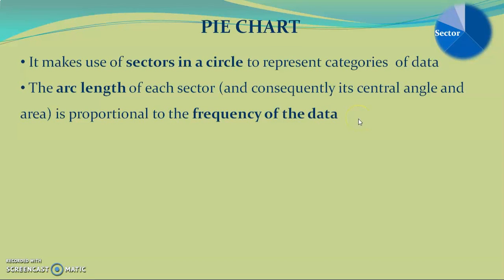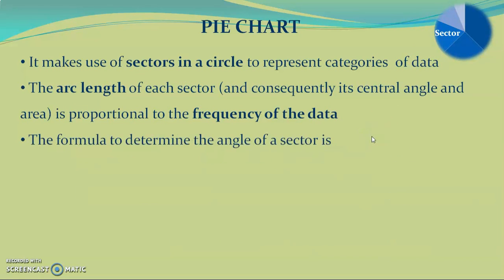So from the bar chart, we obtain the value from the height of the bars. Here we obtain the frequency or the value of the dependent variable from the arc length of each sector. You can see how it is drawn and how the degrees and area of each sector are calculated and represented as a pie chart.